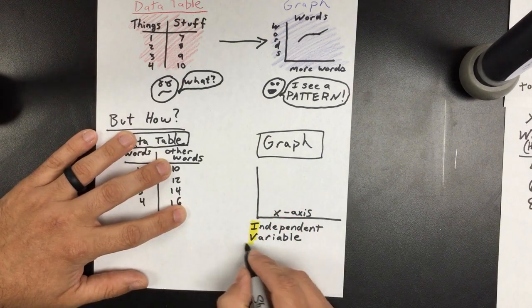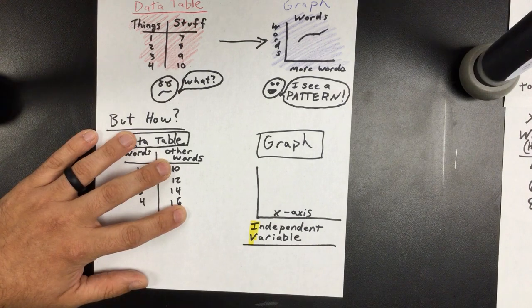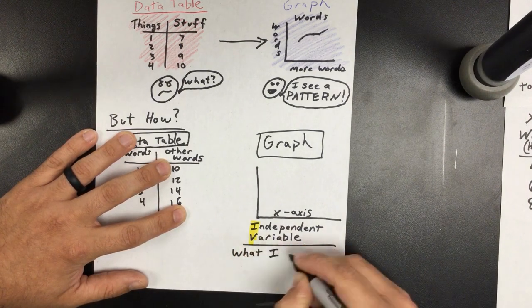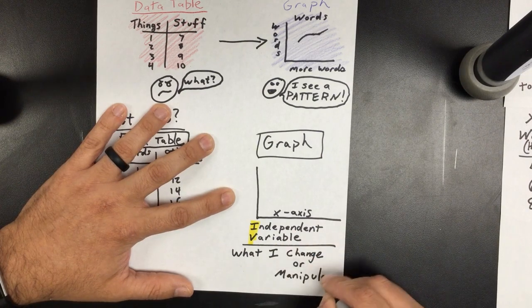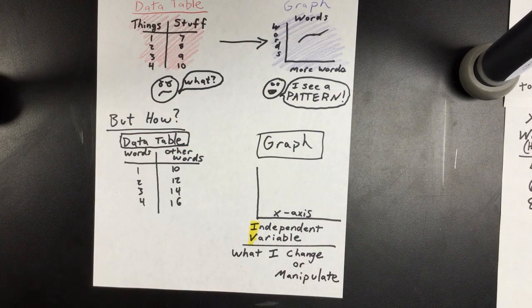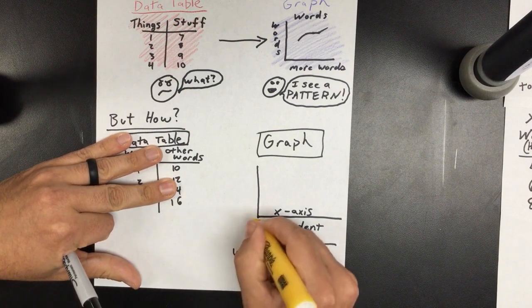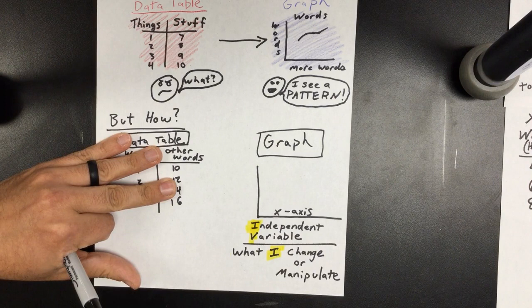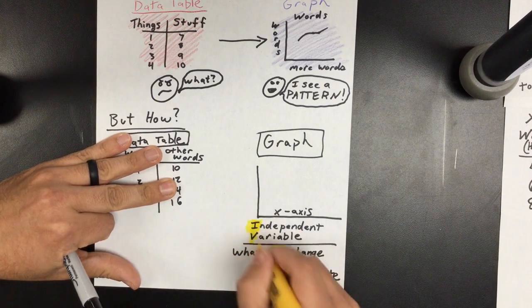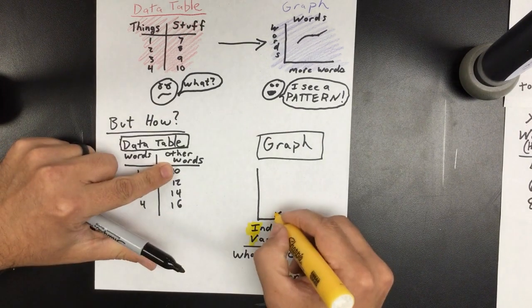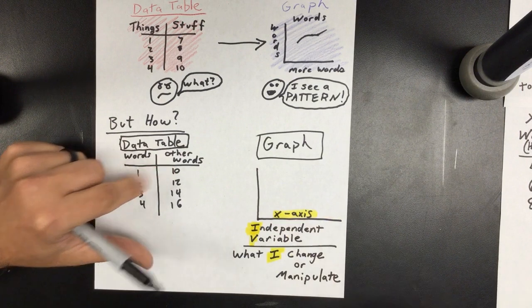The independent variable is what I change, or what I manipulate. The way I remember this is, it's what I change, and it's the independent variable. So I change the IV. And the IV goes on the x-axis.